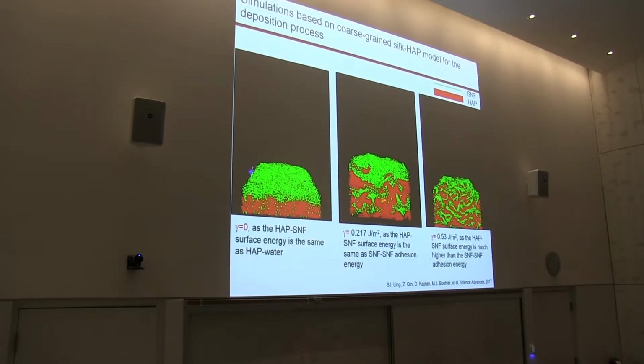But it ends up with different geometries. For those simulations with small surface energy and high flow rate, you have a clear multi-layer geometry. But for those simulations with a high surface energy and slow flow rate, they end up with a more homogeneous mixture of those 2 materials.